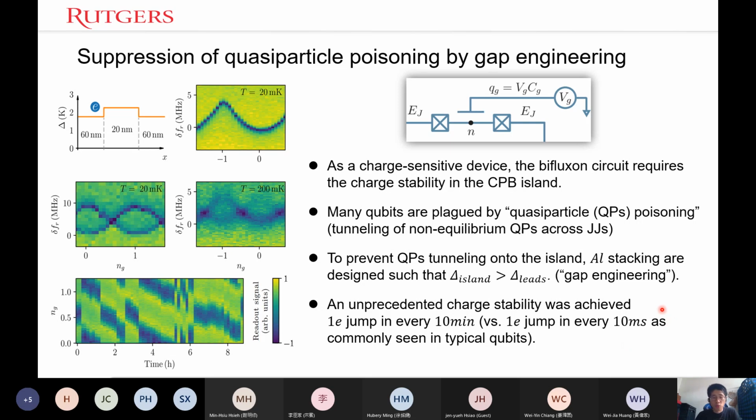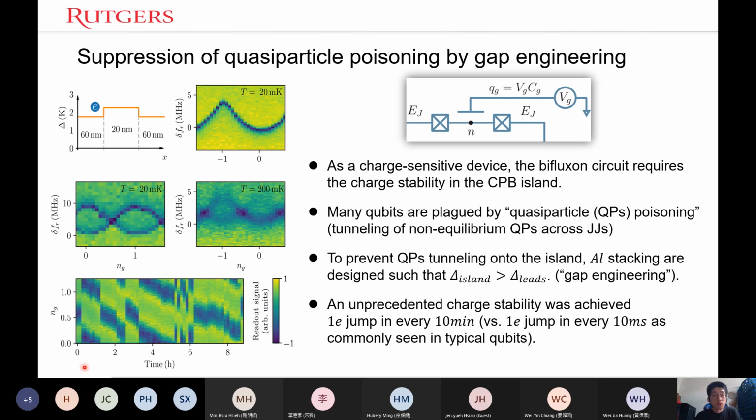And in our case, we managed to introduce so-called gap engineering to mitigate this problem. The way we do it is by tuning the thickness of the film: by carefully designing the aluminum film thickness, for example, we purposely design a thinner film in the middle that gives a larger superconducting band gap, and therefore we can discourage the quasi-particle poisoning.